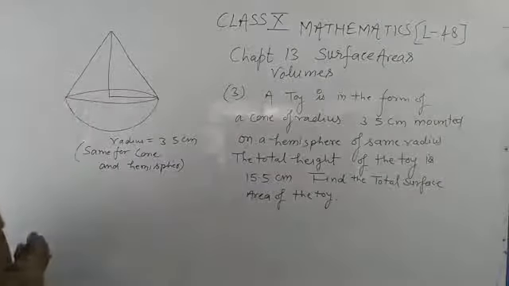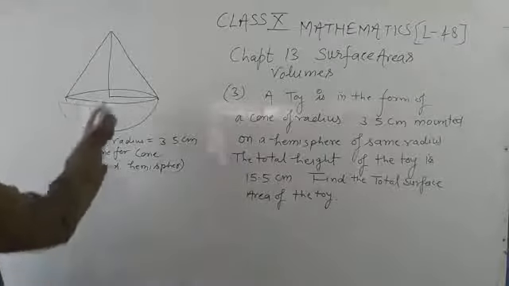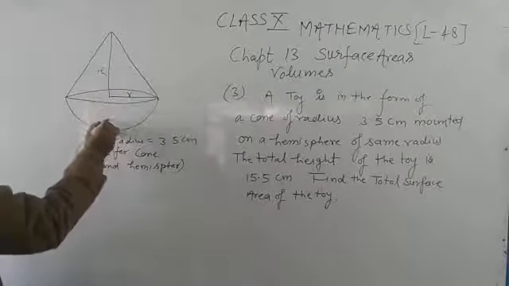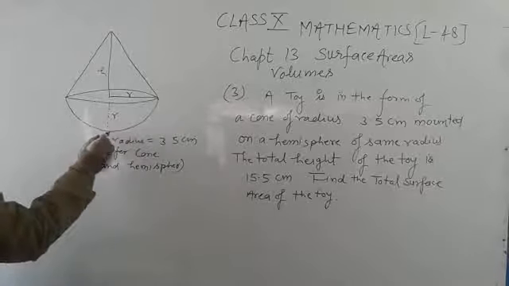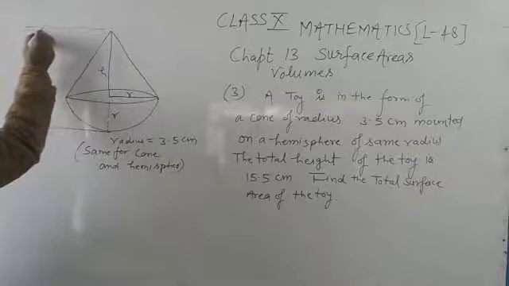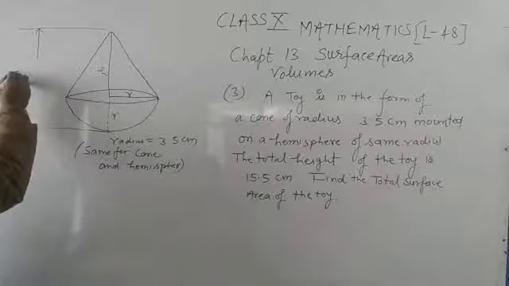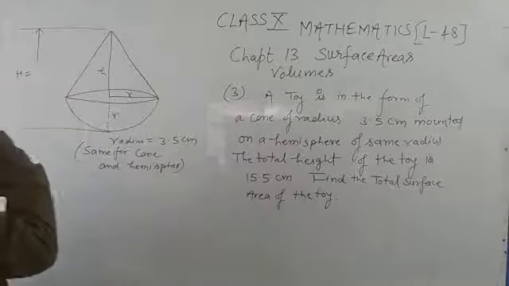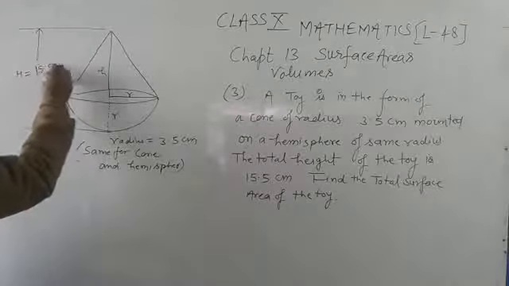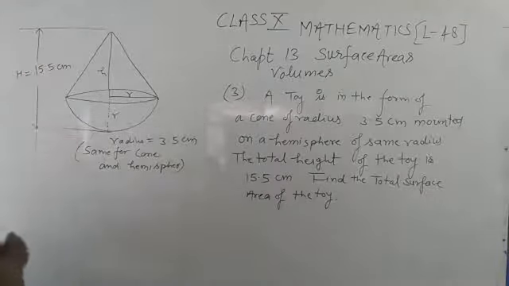Okay, now height, no doubt students, this is radius, this is height of cone, and this is also radius of the hemisphere. But it is given that total height h is 15.5 centimeter. This is the total height of the toy.